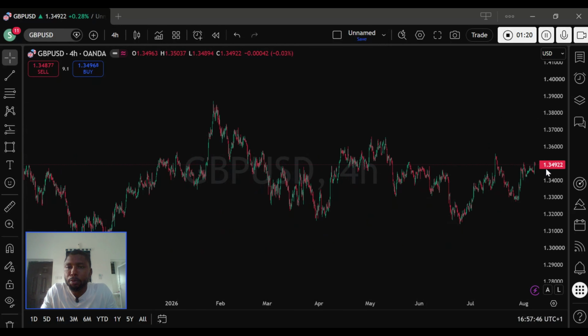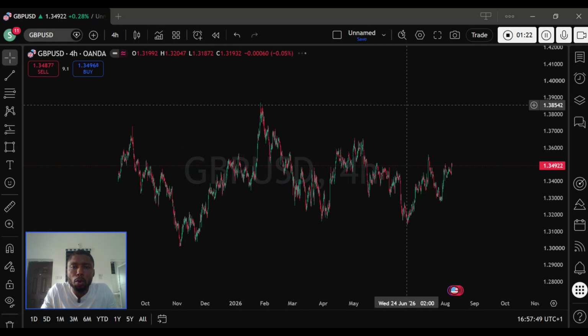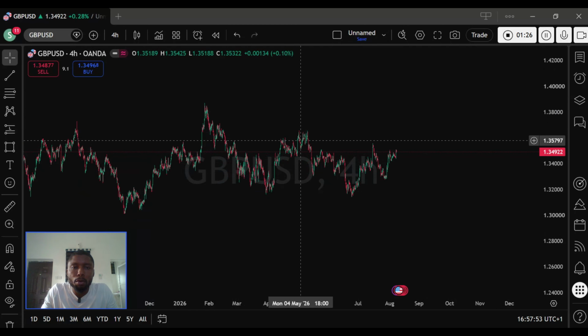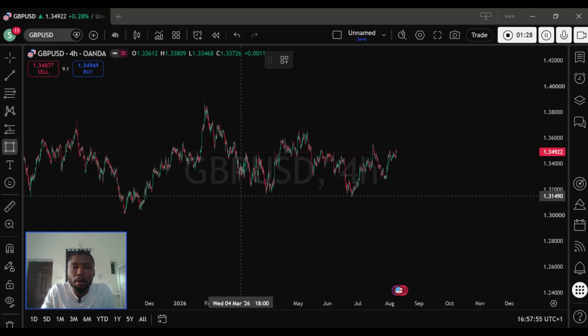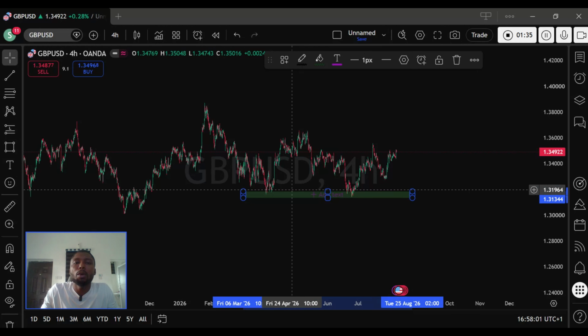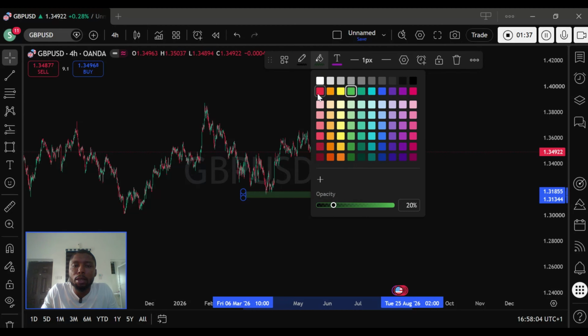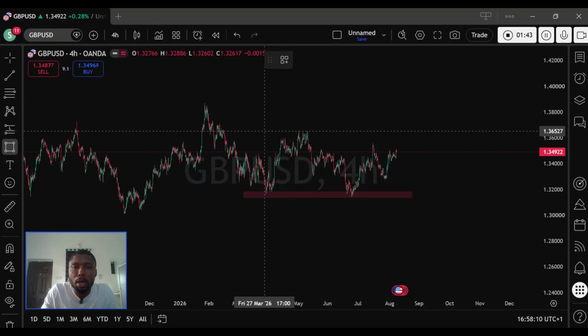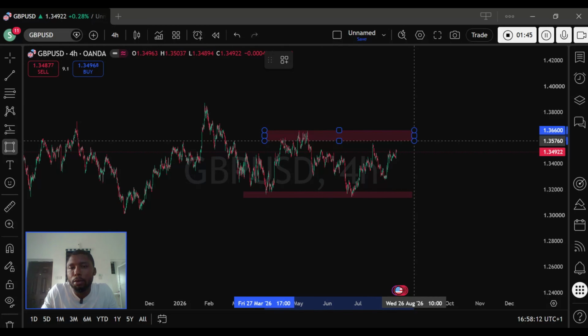Let's do this. All right, so when we talk about support and resistance level, just as you can see, this is our support. We're going to denote this as red as our support, and then our resistance, we will denote it as green.